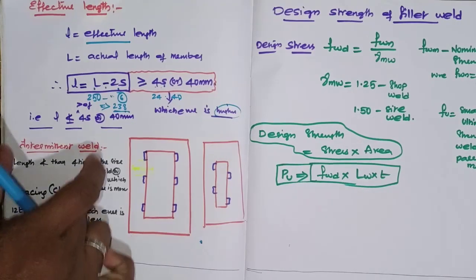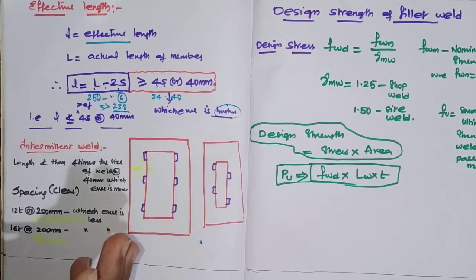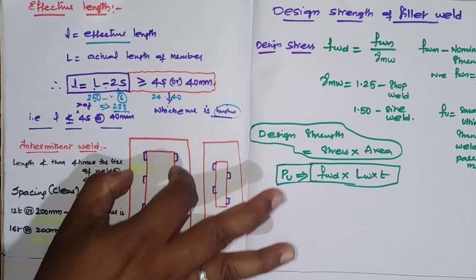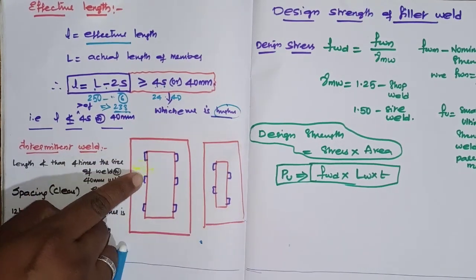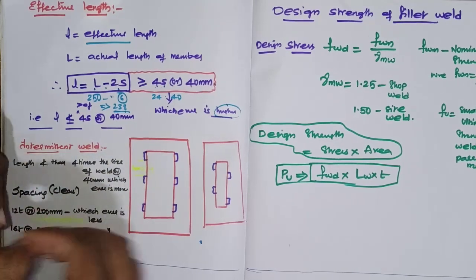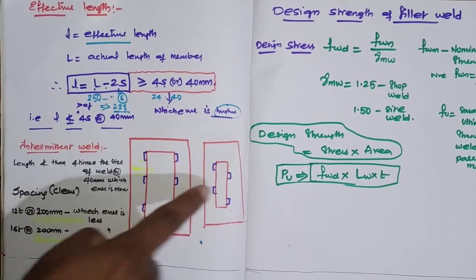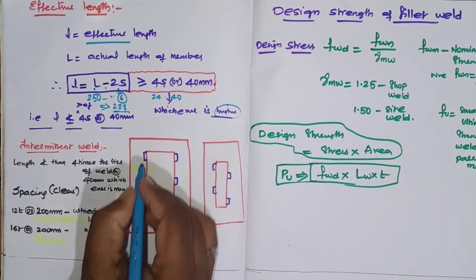Next, what do you mean by intermittent weld? Just like intermittent fasting. Here a member is connected over one more member just by having stitching type alternate welds; it may be parallel or it may be staggered.